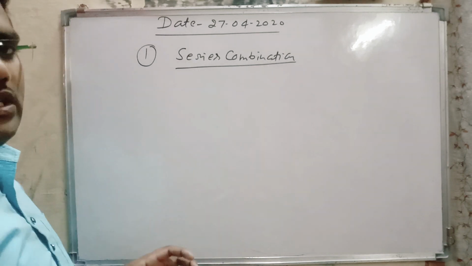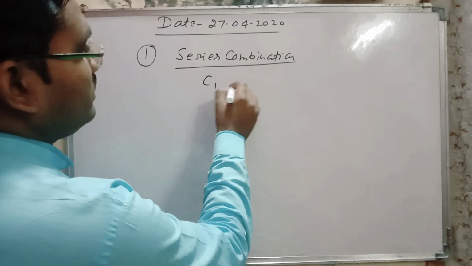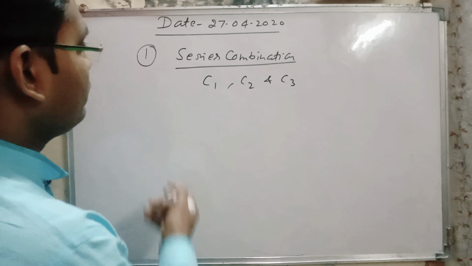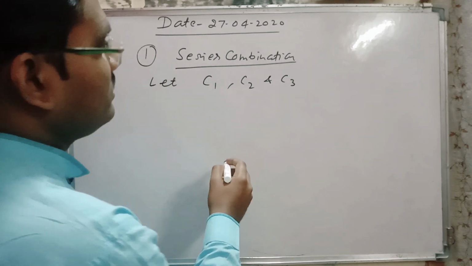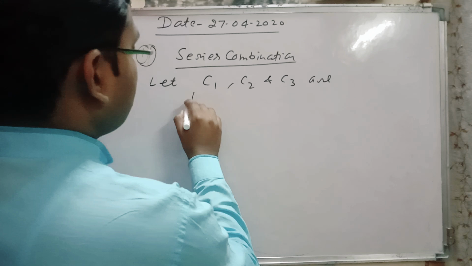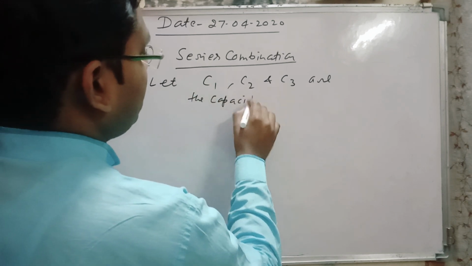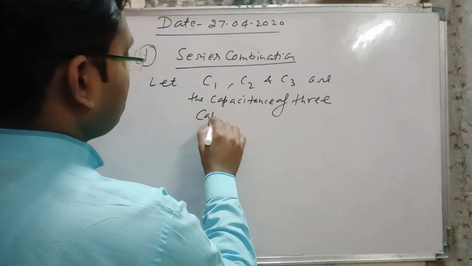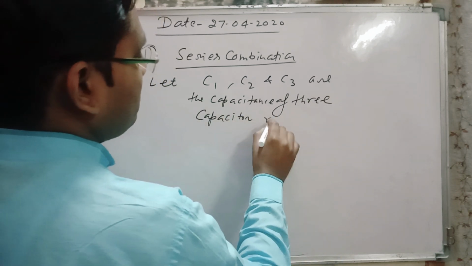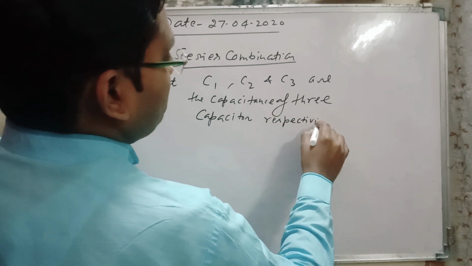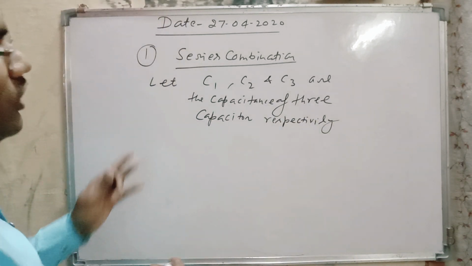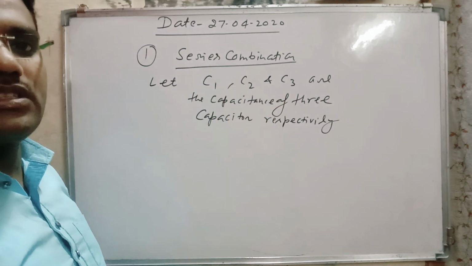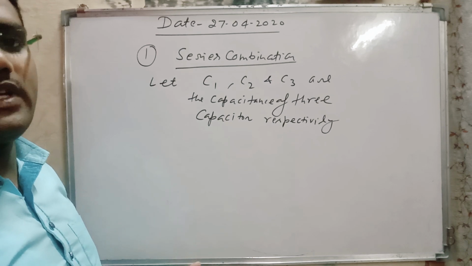So now here we take three capacitors, C1, C2 and C3, connected in series combination. Let C1, C2, C3 be the capacitances of the three capacitors respectively. Now we connect these three capacitors in series combination across an electric source of potential V volt.